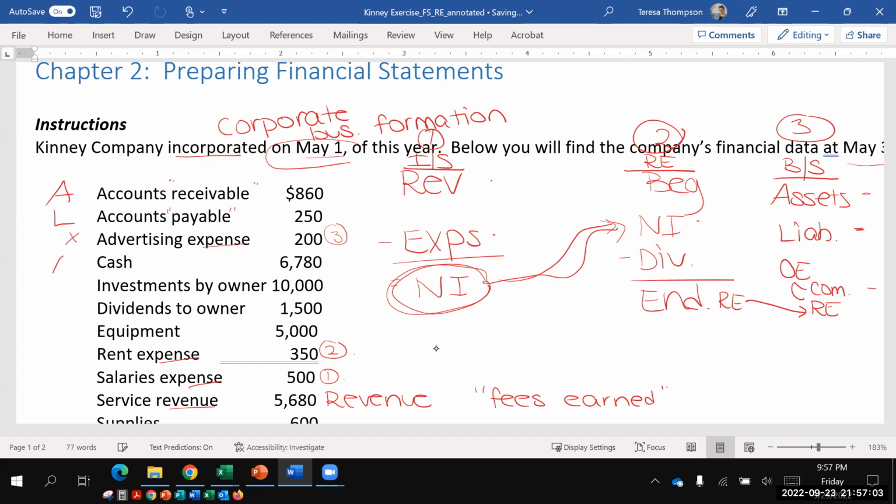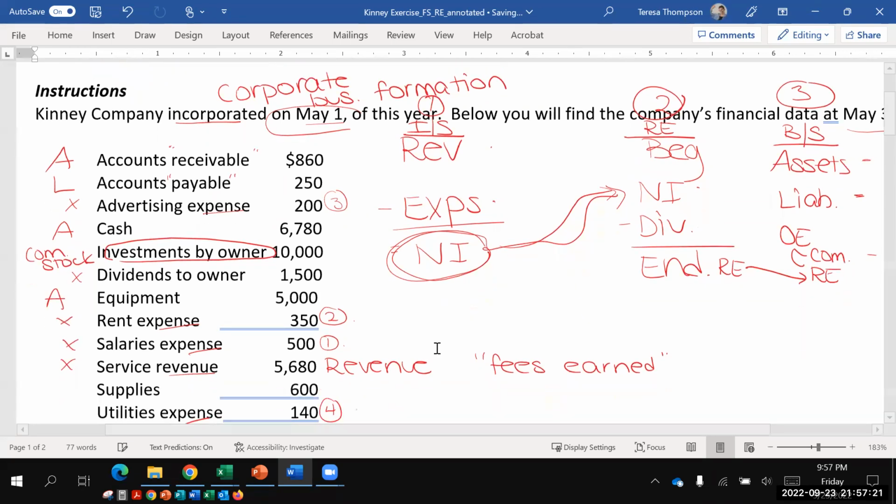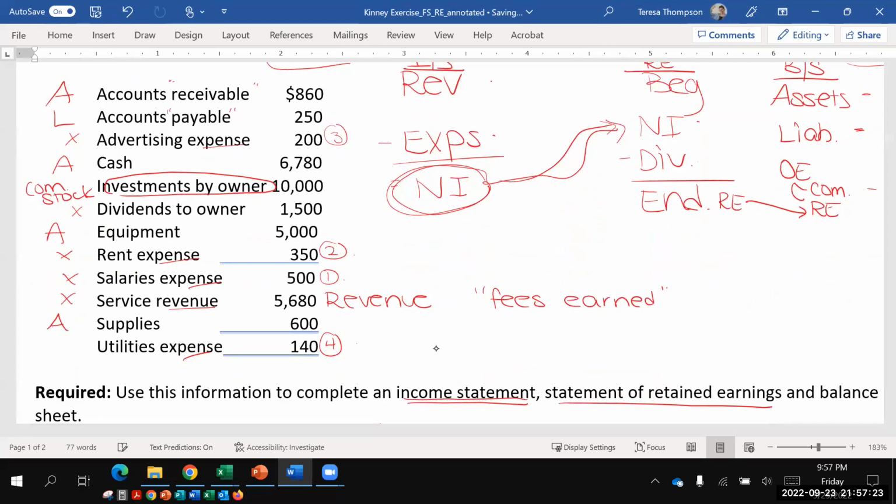We already did that. Assets. This is actually investments by owner. That's another name for common stock. Dividends we already recorded. Equipment is an asset. We already recorded our expenses and revenue. Supplies. When we see supplies in these earlier chapters, that's an asset. And then we already recorded expense.